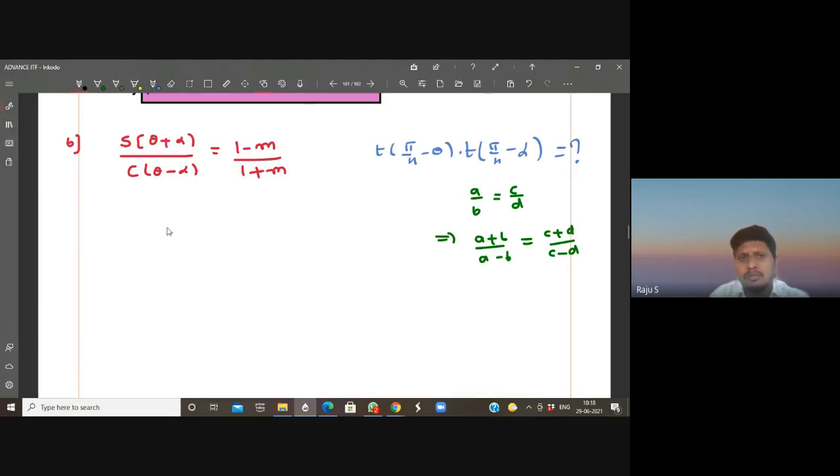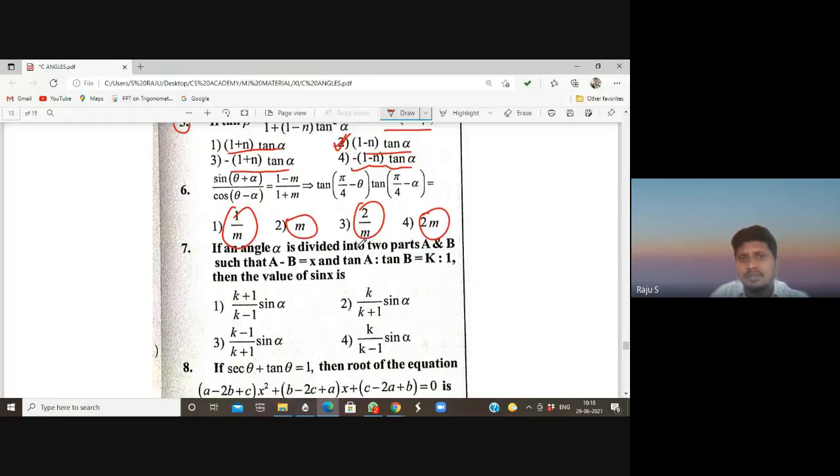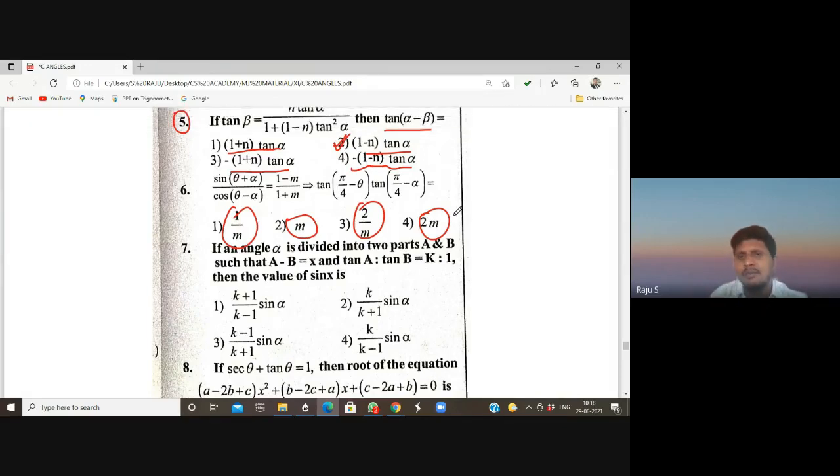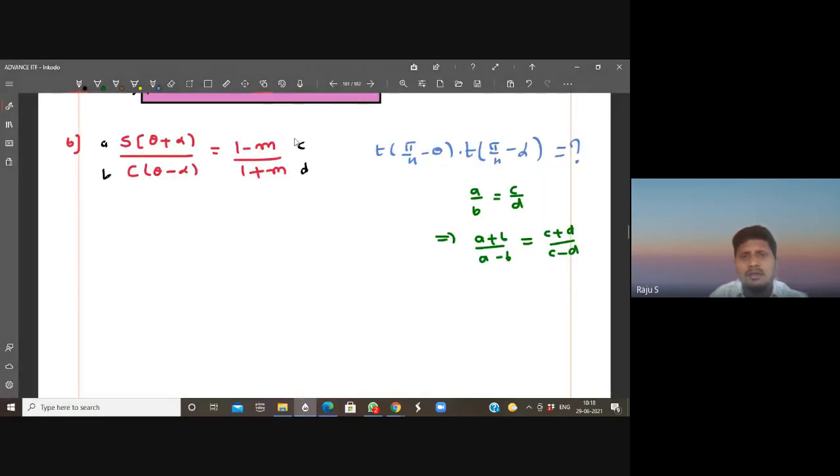I want to use this property. So I take this as A, this as B, this as C, this as D. Apply that because according to the options, here 2 by m, 1 by m alone. We don't have any 1 plus m, 1 minus m, 2 plus m, 2 minus m, not like that. We want to cancel; we don't want a constant. We need only terms of m.